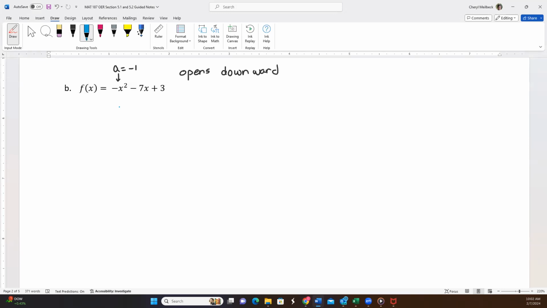In this case, again, we've got an odd term in the middle, so it will be easiest to find the x and y coordinates of our vertex if we use this formula, negative b over 2a for the x coordinate, and then for your y coordinate, you plug that in, and we write that with this notation. Give it a go, pause the video, let's see what you get, and we'll go through it together.